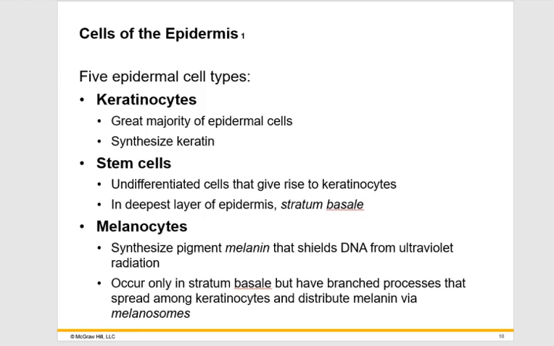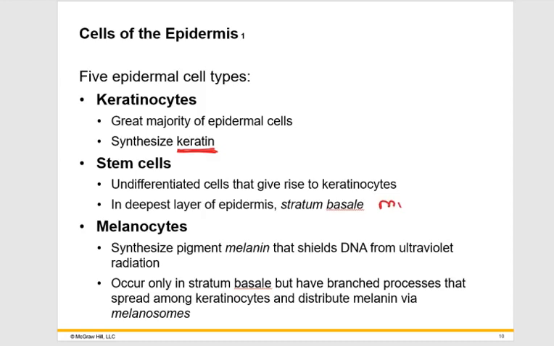But structurally, just to mention, the 5 types of cells found in the epidermis are keratinocytes. They make the keratin that gives our skin its ability to waterproof. We have stem cells found in the deepest layer that are what we consider undifferentiated.